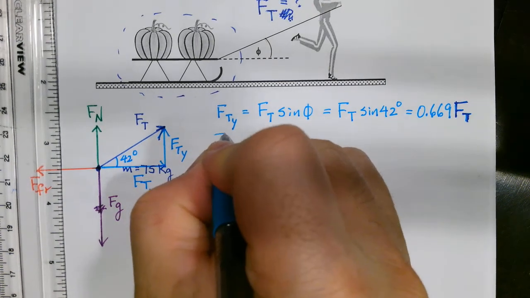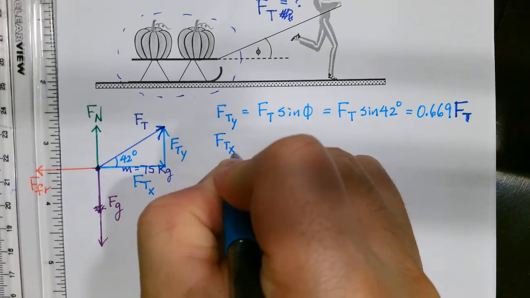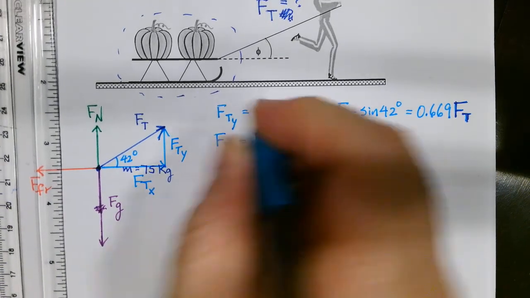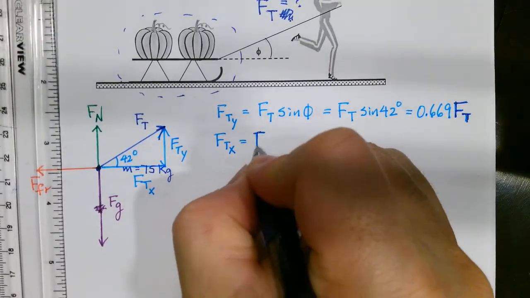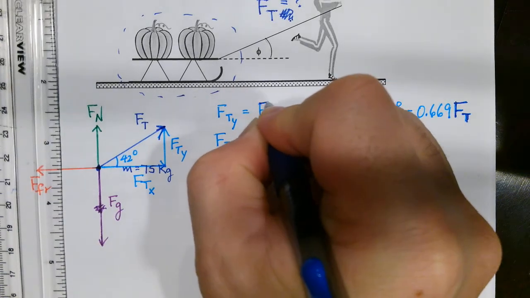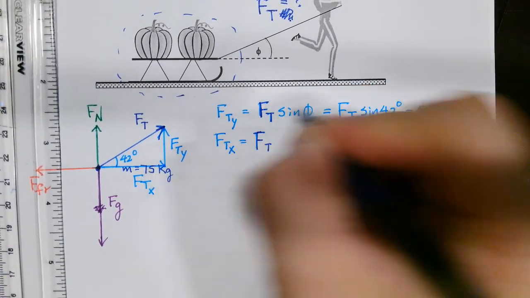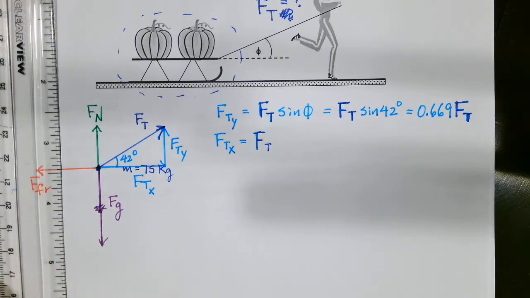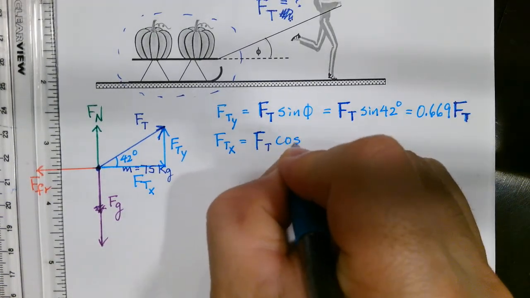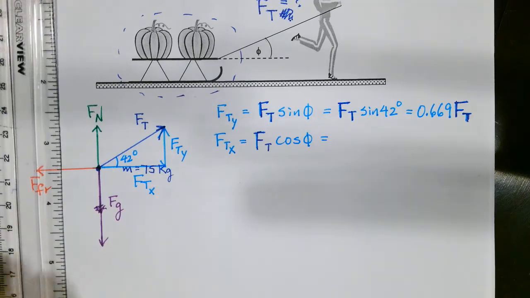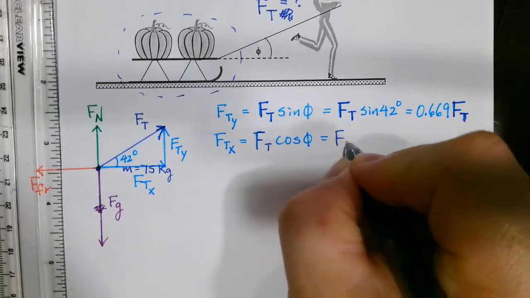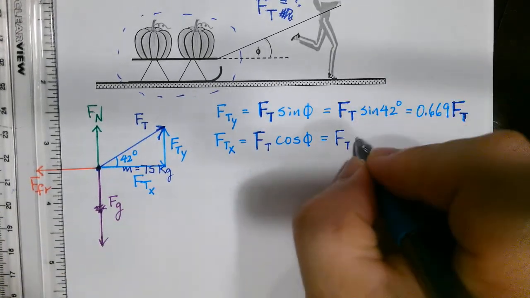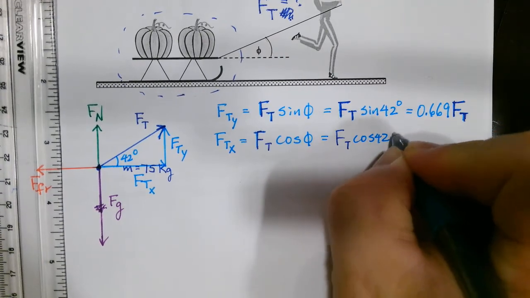Similarly, F tension X is equal to F tension times cosine of phi, and that is equal to F tension times cosine of 42 degrees.